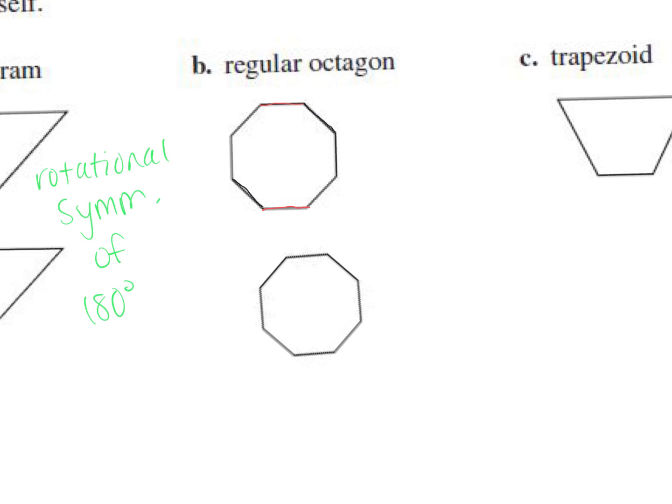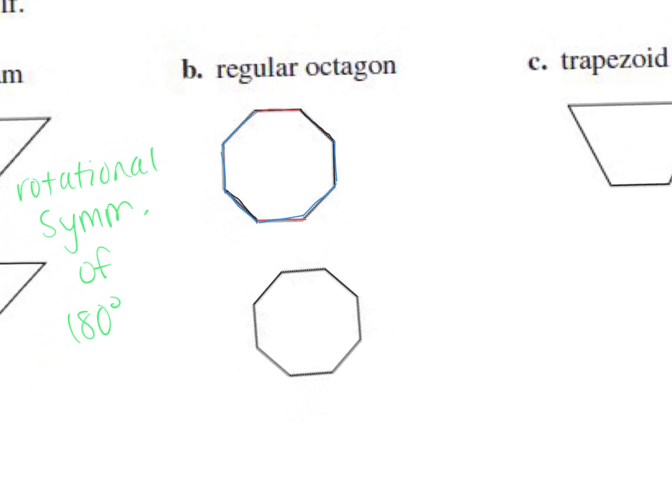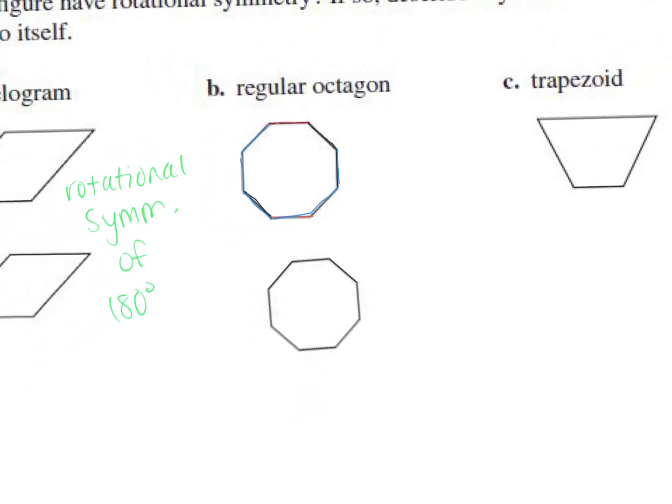Well, there's 1, 2, 3, 4, 5, 6, 7, 8. There's 8 sides. So if there's 8 sides, every time we rotate it to a different side, we have rotational symmetry. So rotating it all the way back around to the very beginning would be 360 degrees.